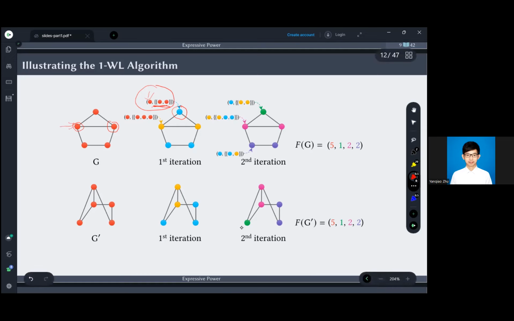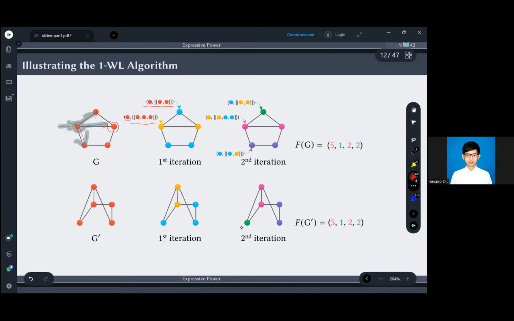And for this left side red node, because it has three neighbors, the representation should be like this, right? Similarly, we can compute every new color based on this rule, and we will get two different kinds of representations. The first one is one red node plus a set consisting of two red nodes. The other is one red node plus a set consisting of three red nodes.